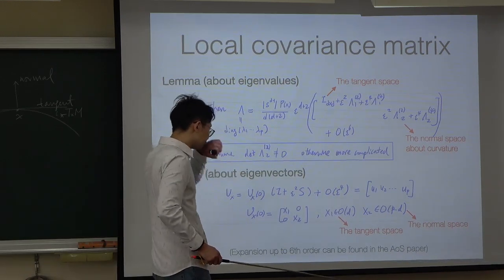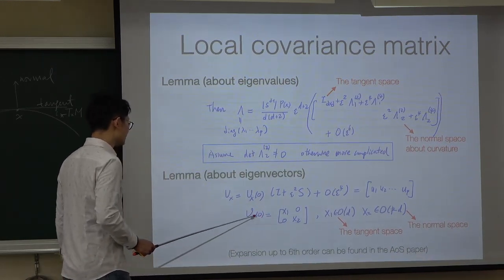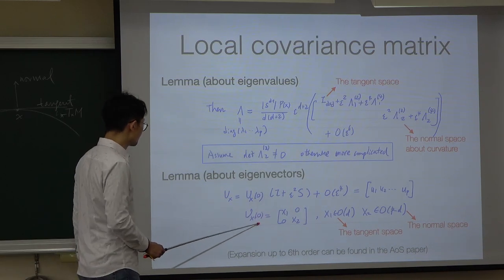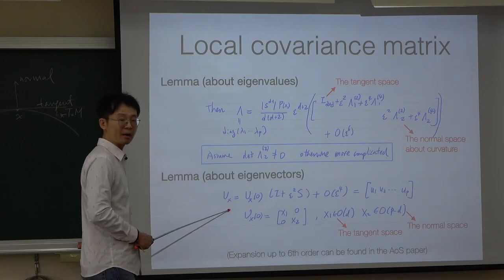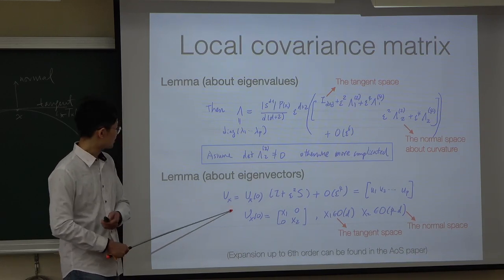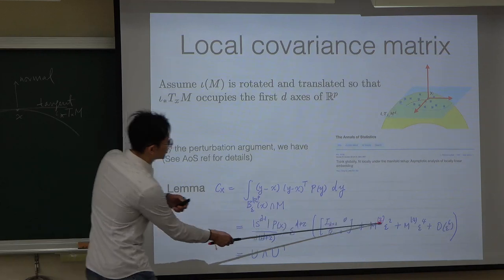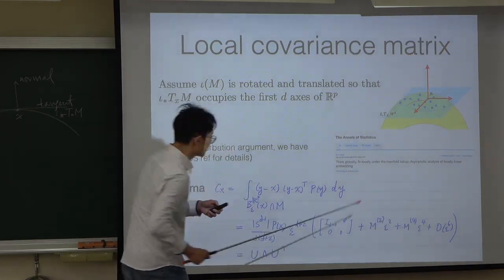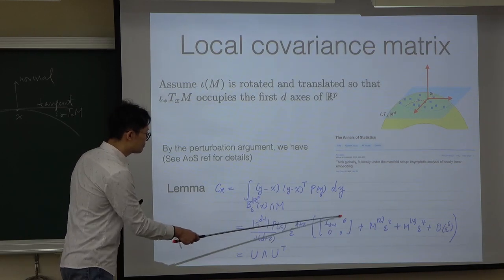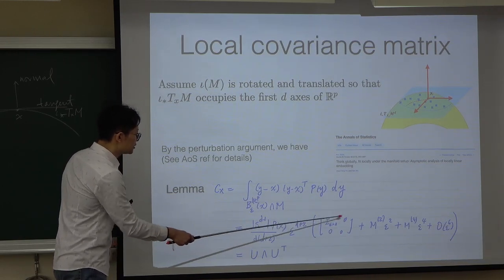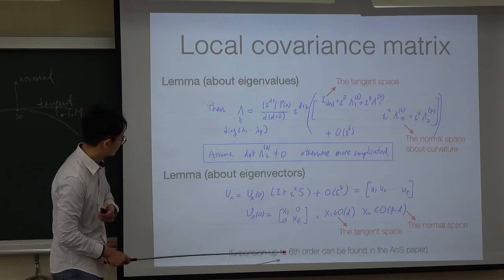Okay, so if you say we have U_x0, which is a ground truth, but the true U_x is actually the perturbation. Remember, we have to get some perturbation. We get some perturbation here. This perturbation will change the basis, the eigenvector of I, 0, 0, 0.